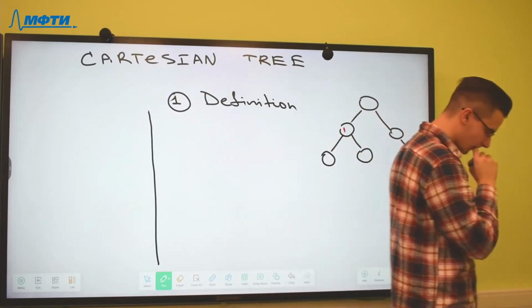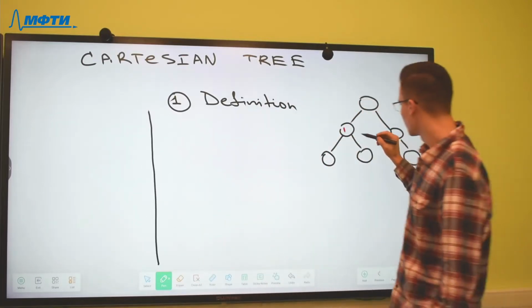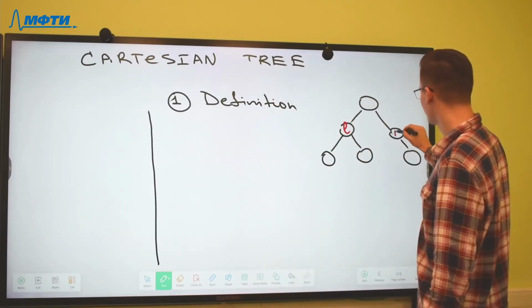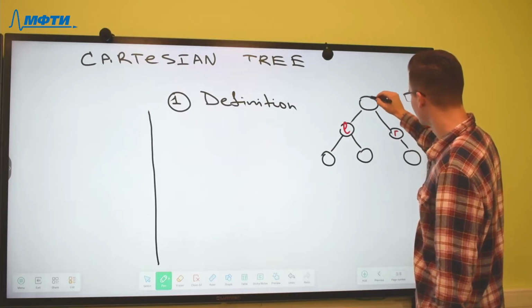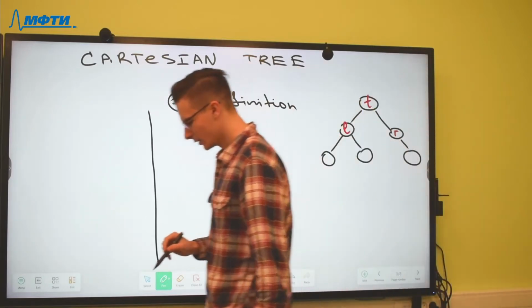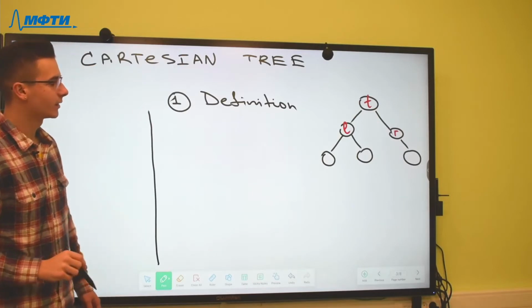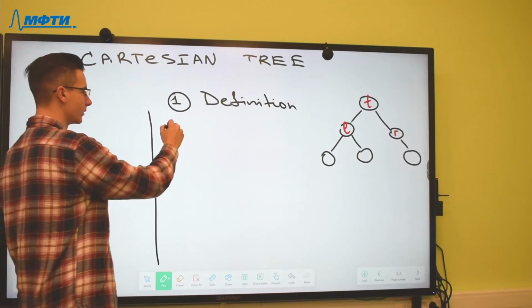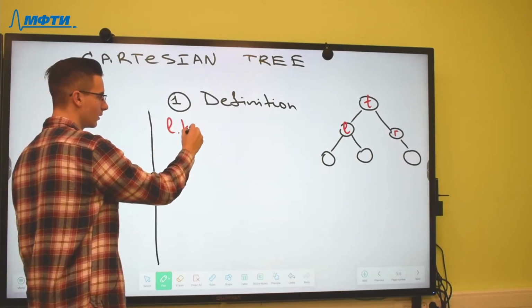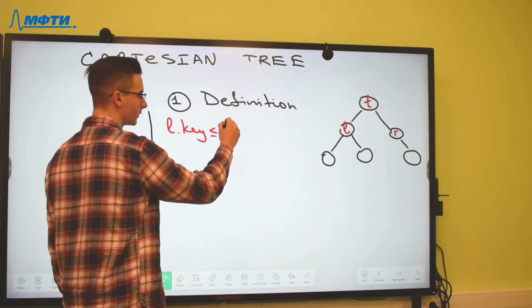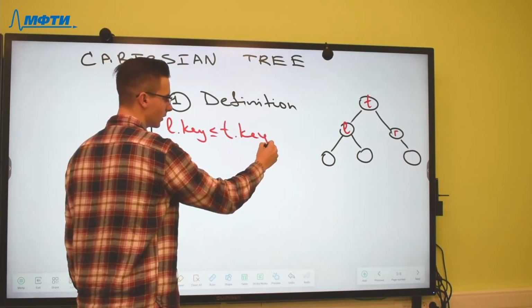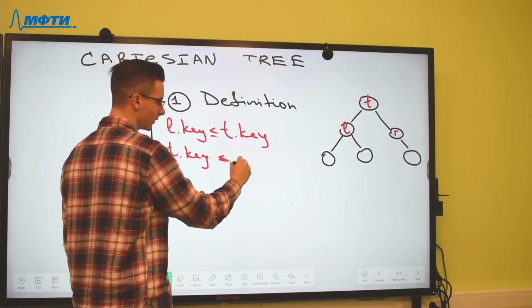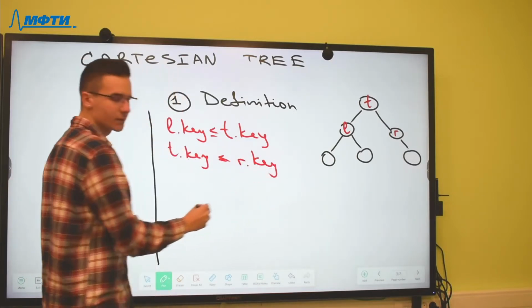We write it like L, T, R, and we know that L's key is less than or equal to T's key, and T's key is less than or equal to R's key.